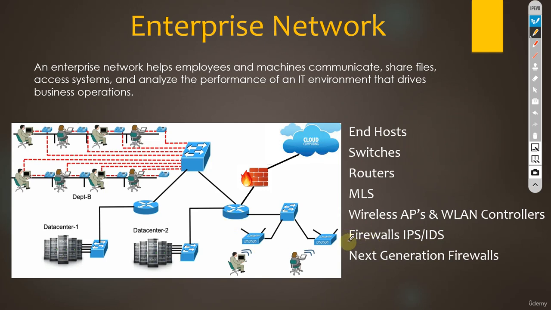But now we have next generation firewalls, which are much more advanced as compared to these firewalls, but these firewalls are still in use, and it is good to know about them.